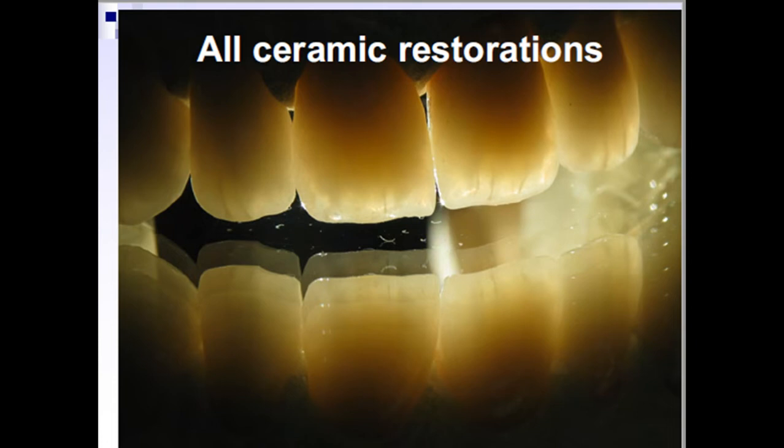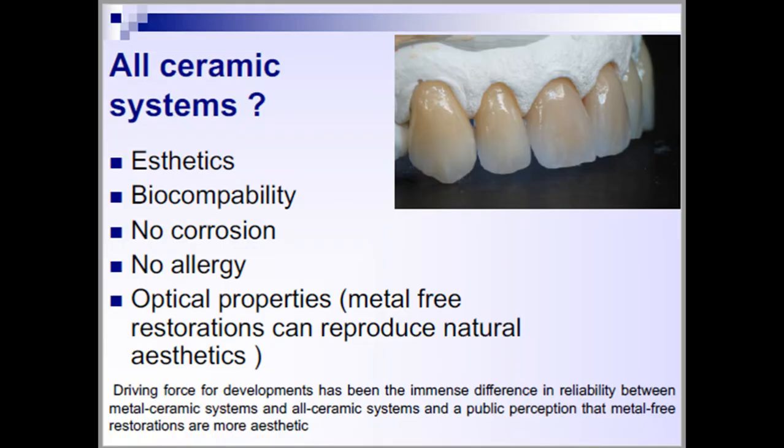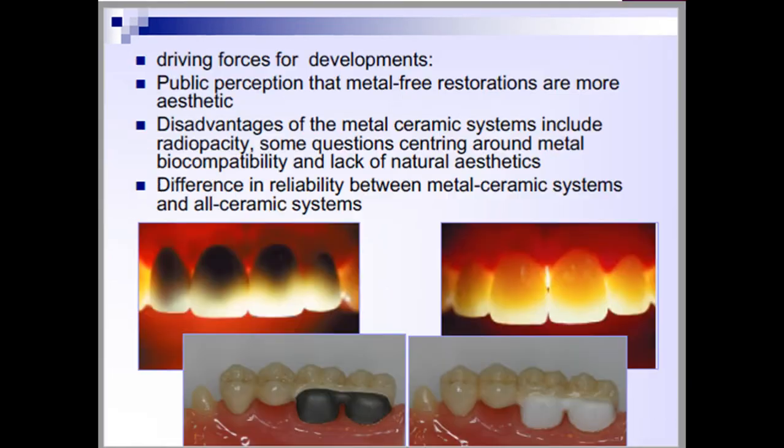So the all ceramic restoration, I am just showing you the photograph of how they look. The difference between an all ceramic restoration and the metal restoration, you can see here. This is what happens once a ceramic gets bonded onto the metal structure.